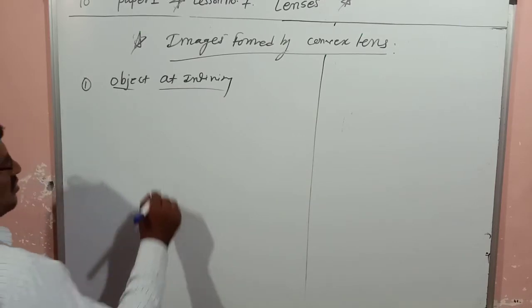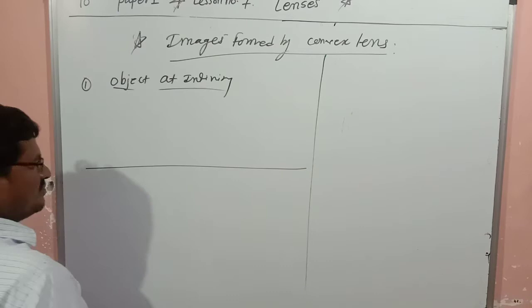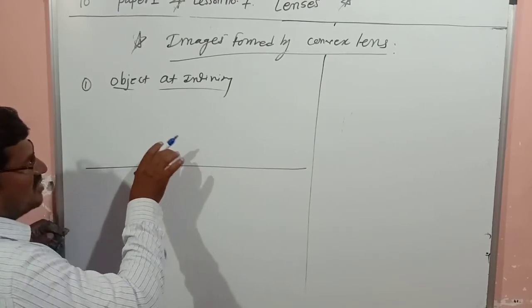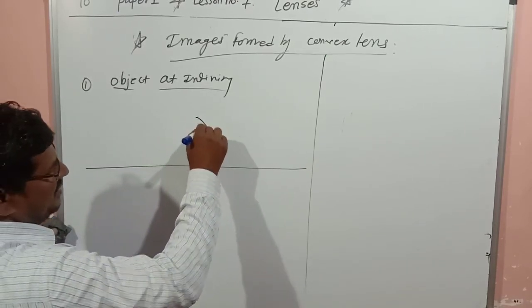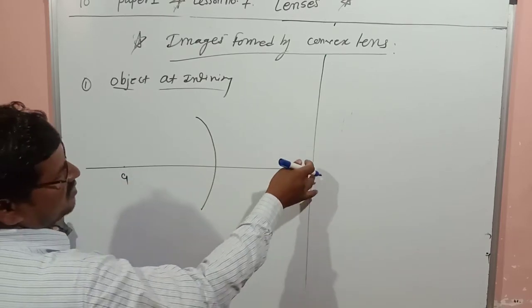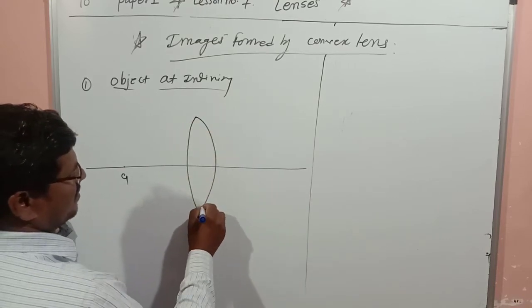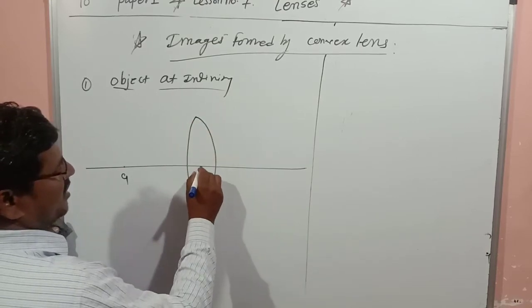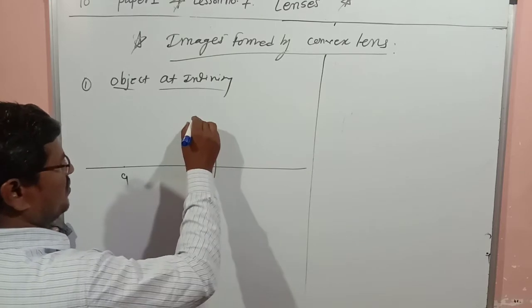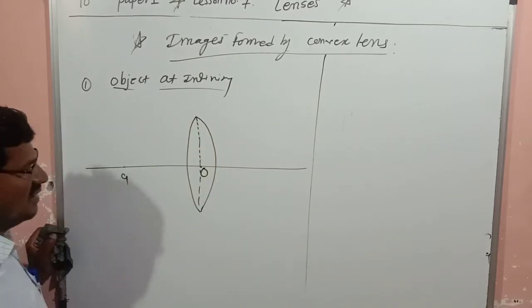So what you have to do: first draw one straight line, take some distance in the compass and make an arc. Here will be your C1. On the other side also take some distance in the compass, make another arc, and join these 2 points. Where they meet, there will be your optical center.